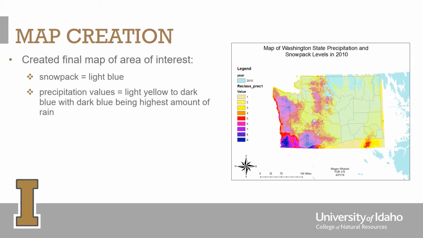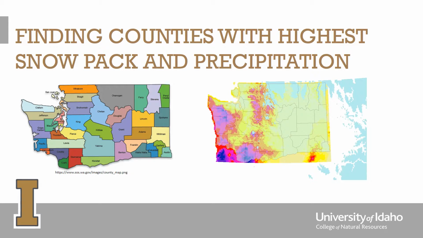I made the county layer transparent so that it was easy to see what precipitation levels corresponded with each area. Then I compared my county map with a map that I created. I thought this was particularly useful because right up close I could see what the specific names were for each county and could then compare them to one another to see where the snow and rainfall was occurring.